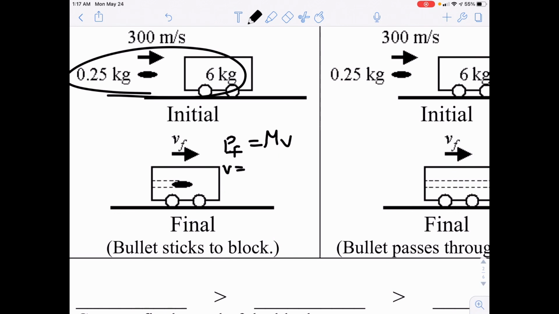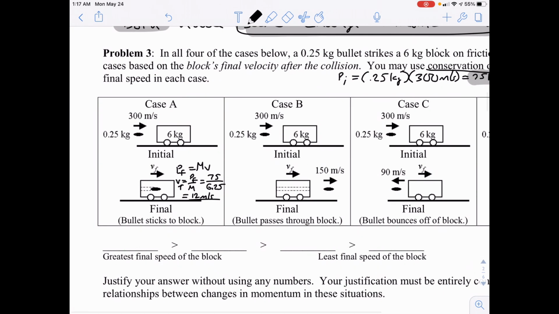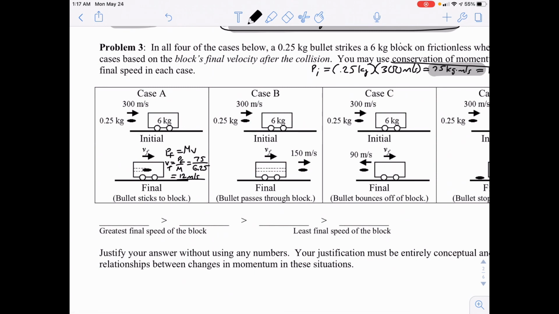So V final is equal to P final over big M, which is 75 over, in this case, 6.25, as I add those two together. V final, in this case, 75 divided by 6.25 equals 12 meters per second. Okay, it's good to work them out in each case. That way you have an idea of how to rank them.